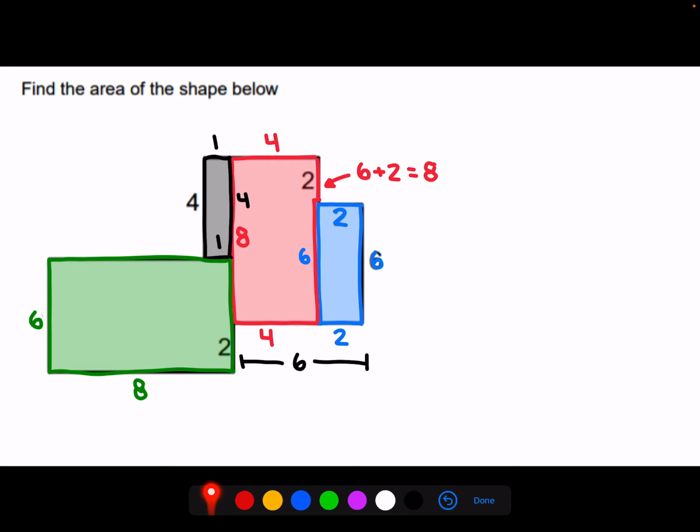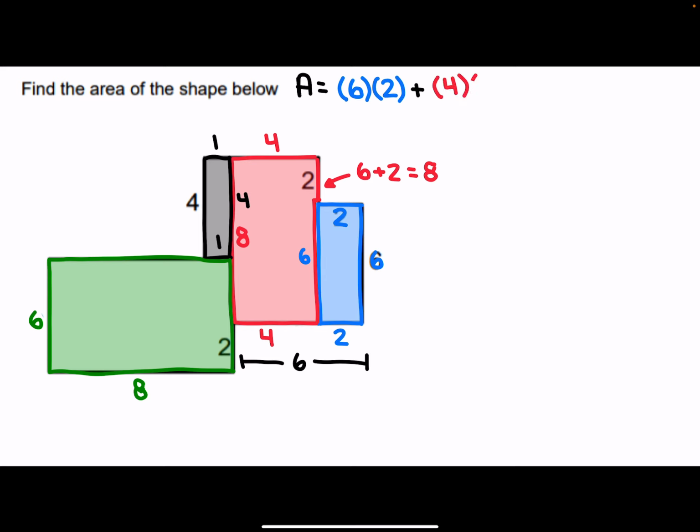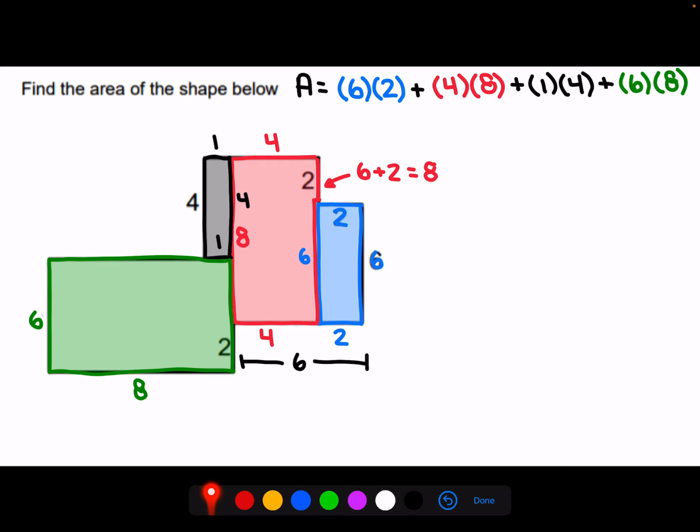At this point, I can go ahead and use the area of each of these rectangles and then just add them together. So area is equal to 6 times 2 plus 4 times 8 plus 1 times 4 plus 6 times 8.